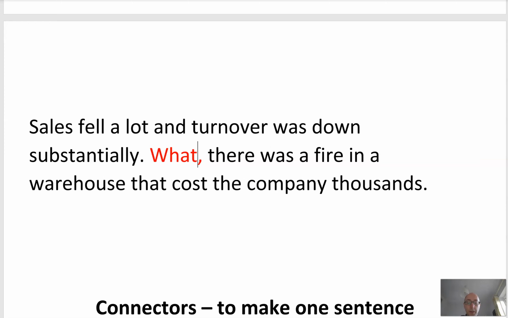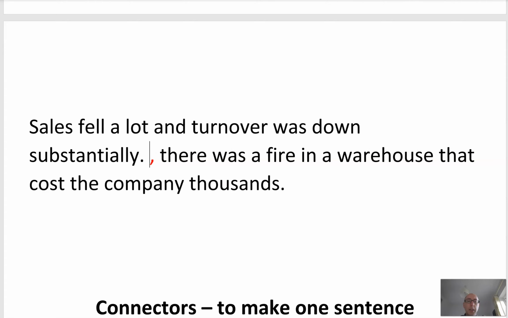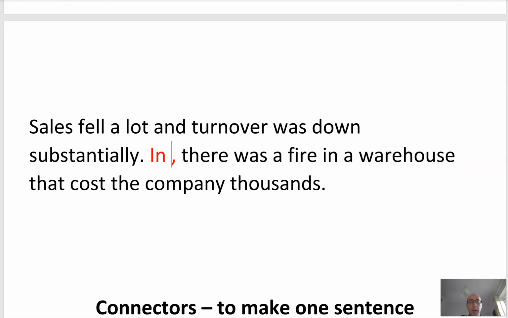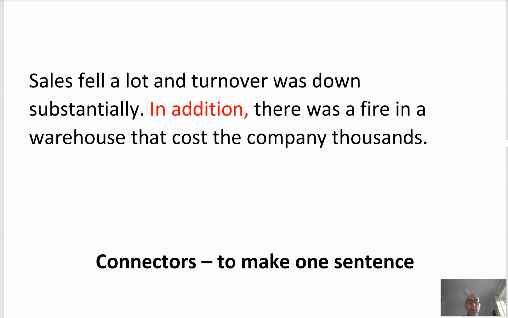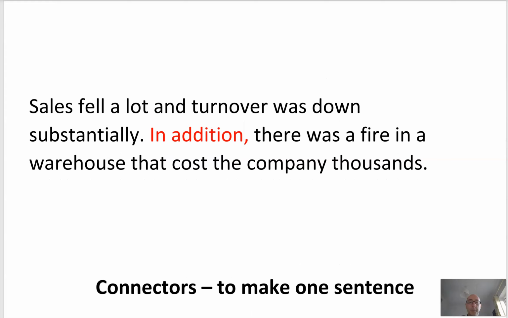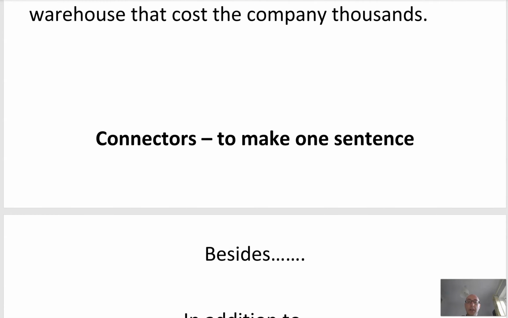What is more? We'll continue with the idea of more: furthermore, moreover, in addition. I would probably use in addition here. I think it's more elegant. But you have a choice. So in this way we can keep the two sentences. We just add something at the beginning of the second sentence, comma, and then continue with the second sentence.